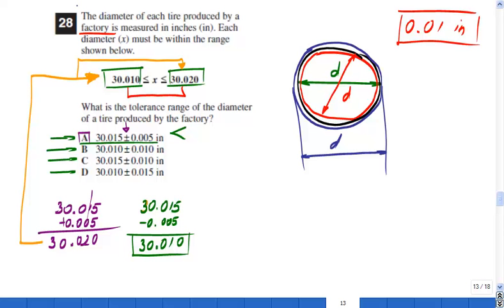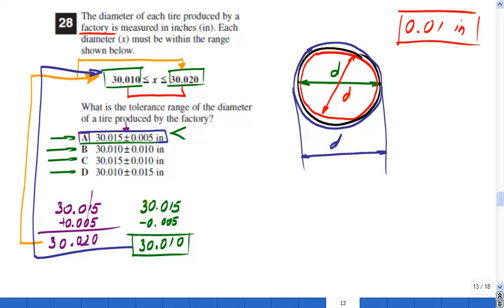Well, I will compare this one against the minimum acceptable diameter, and that's 30.010. Well, it's equal to that, but it's not less than that, which means I'm fine. My diameter will be within the admissible range of error, if you want.